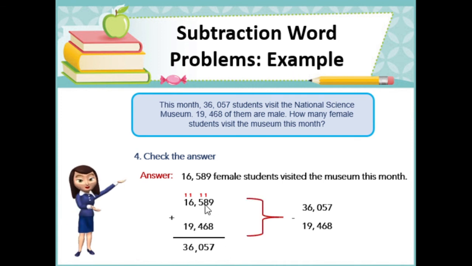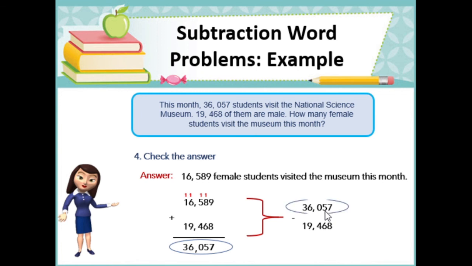Supposing we added 16,589 with the number of male students, it's 36,057 still. Now, it's equal to when we look at the prior solution.